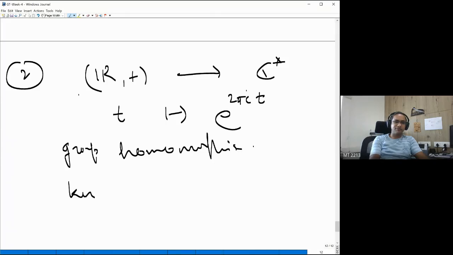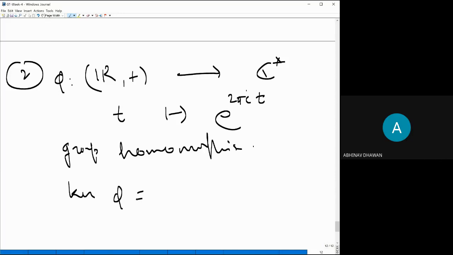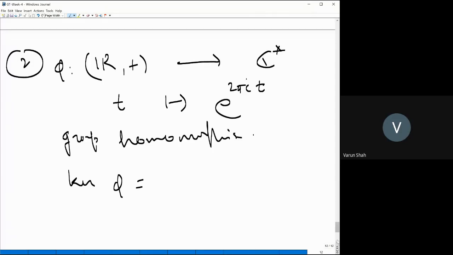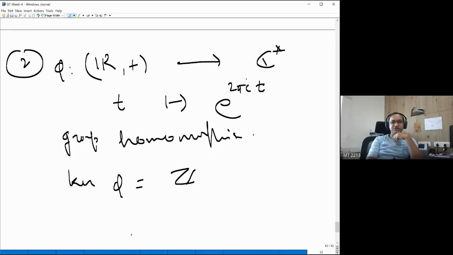What is the kernel of this map? Let's say this map is phi. What is the kernel of phi? The kernel is 2n pi, where n is a natural number. I think it will be integers. Yes, integers, sorry, not 2n pi. So the kernel of this map is the integers, because e to the power 2 pi i times some integer is basically 1, right?